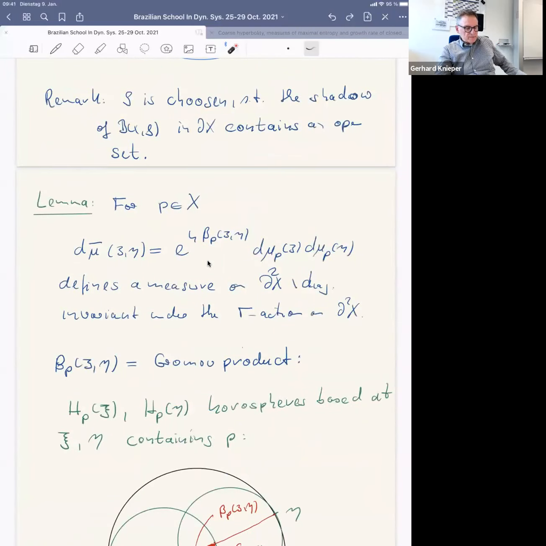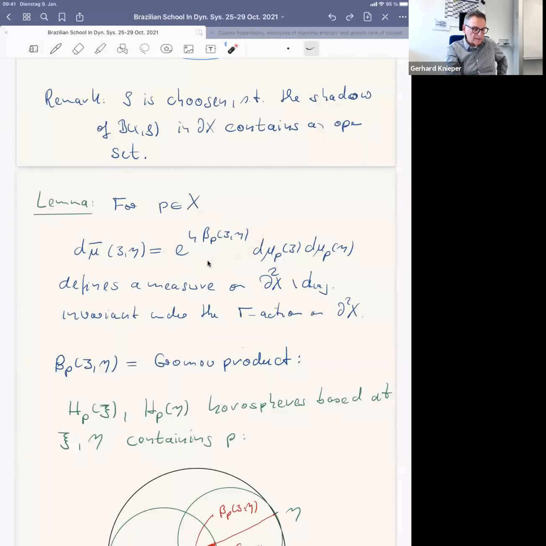So using this Patterson-Sullivan measure, you produce another measure on the square of the boundary, which uses a fixed reference point P. And then this measure is a product measure up to this function here.